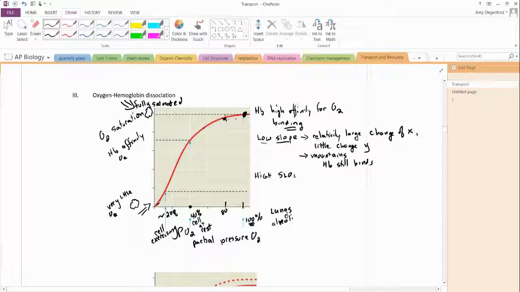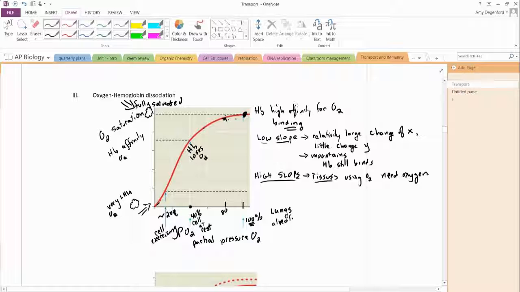And a higher slope is going to be, again, really helpful at the tissues of our body. The tissues of our body are going to be the ones that are using oxygen. And so they need oxygen. And what we're looking at then is hemoglobin. Hemoglobin then starts to lose its oxygen.